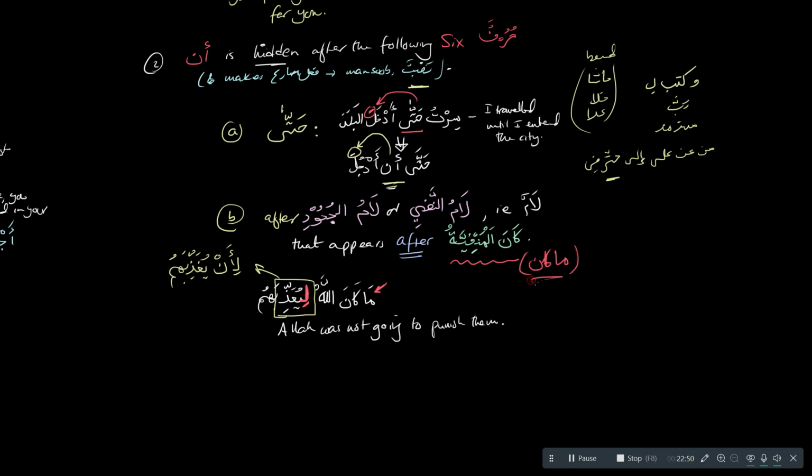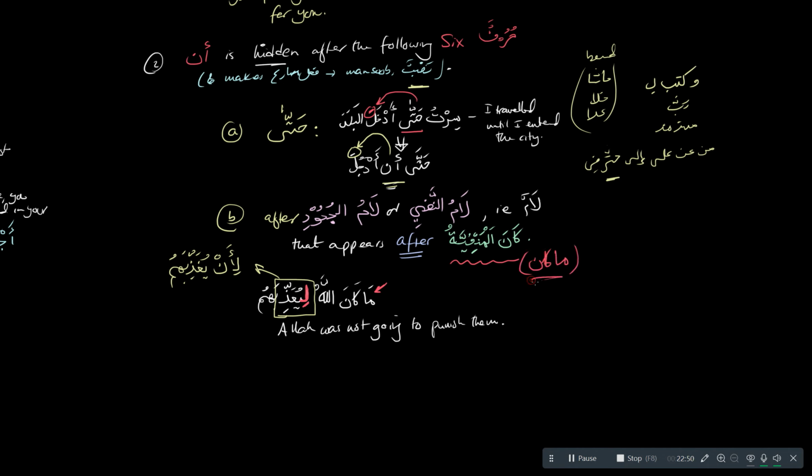The sinner will be punished, unless. See, here it stands for unless, إلا أن, unless he provides an excuse. So that's what this sentence means.